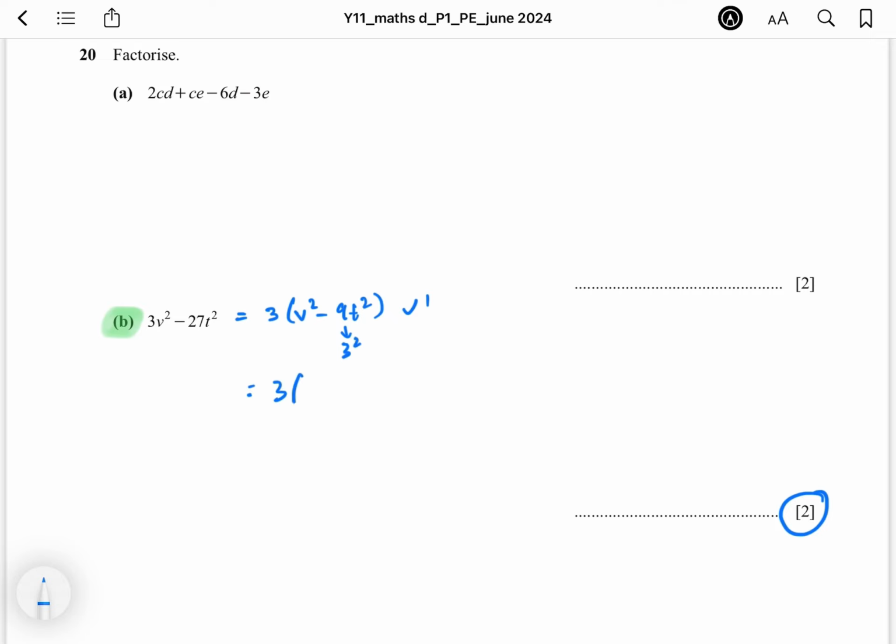That means we can rewrite this 9t squared as 3t, the whole thing squared, which in turn gives you the factor that. Okay, need to be careful on that one.